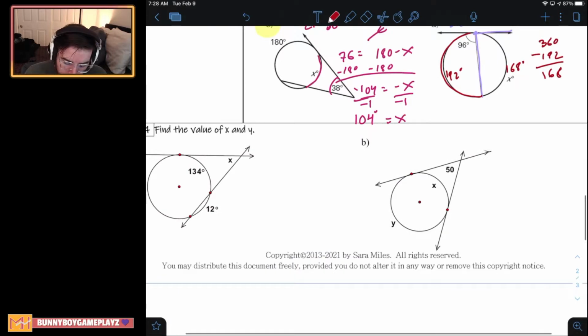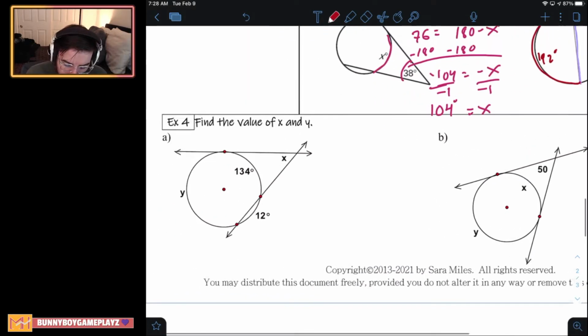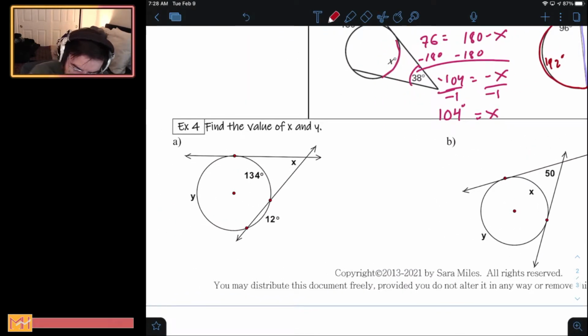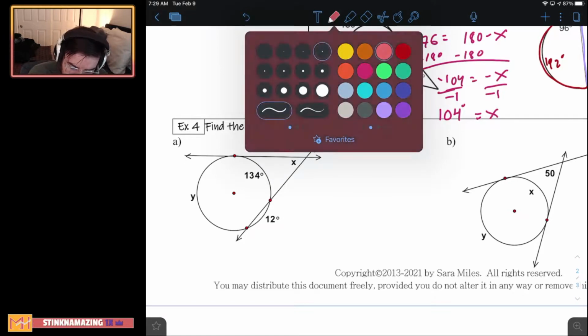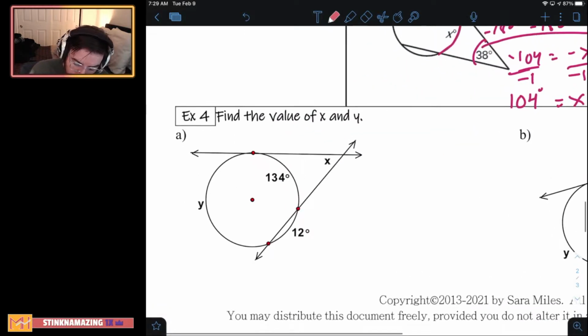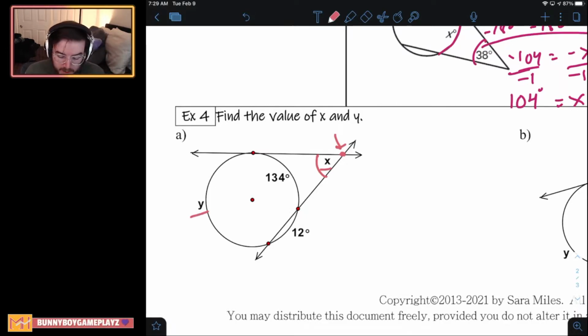All right, two more. Find the value of x and y. Again, this is exterior because the vertex is on the outside. And we don't know the angle and we don't know this arc. So that's kind of an issue. But can we solve for this arc? Yes. 1 arc, 2 arc, 3 arcs. In total, the 3 need to add to 360.